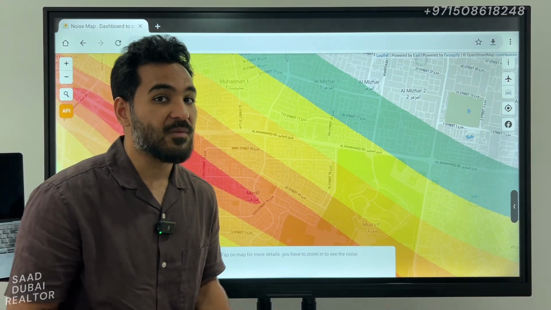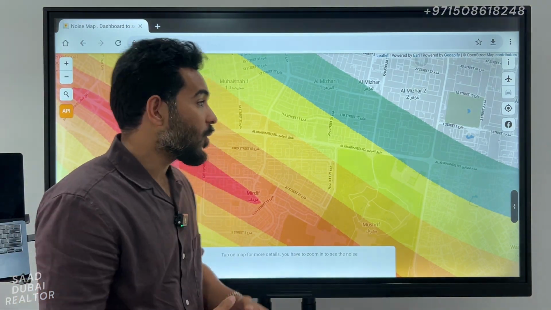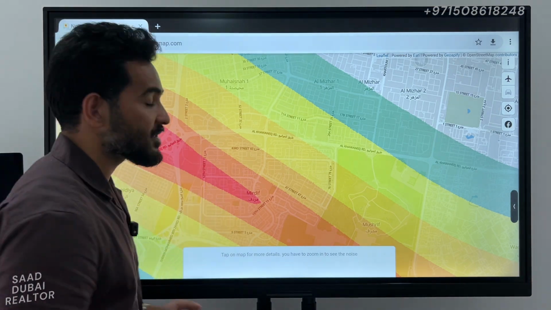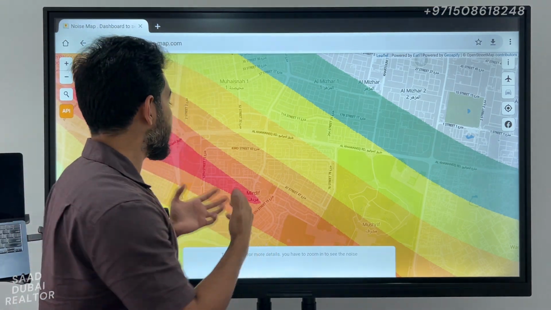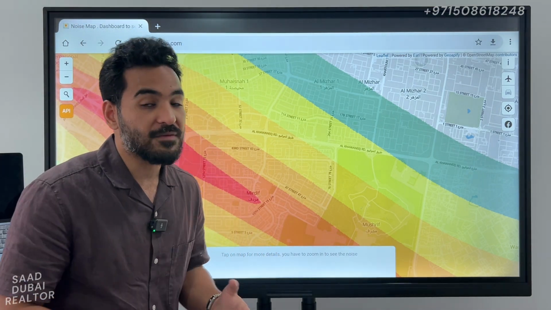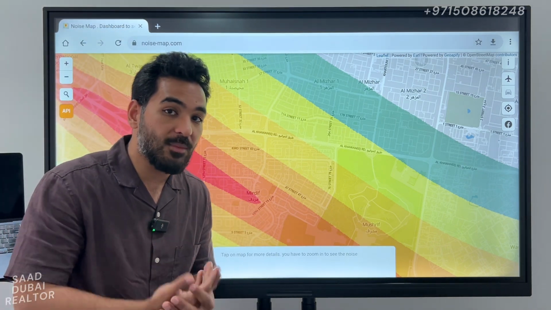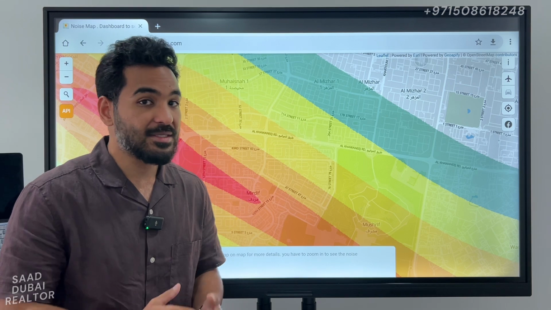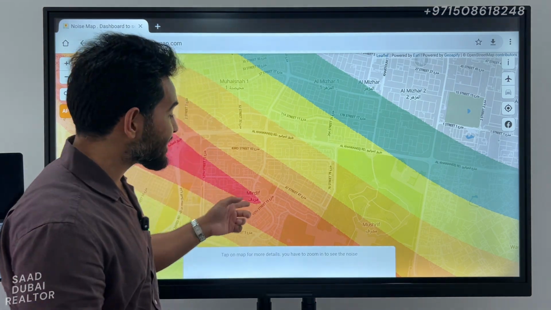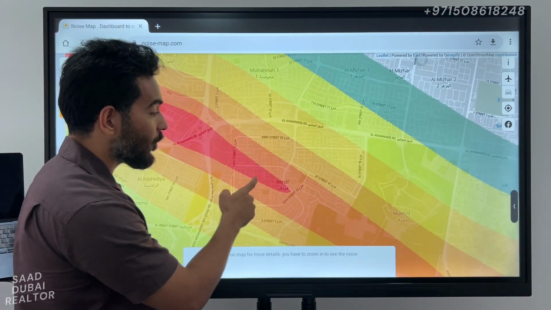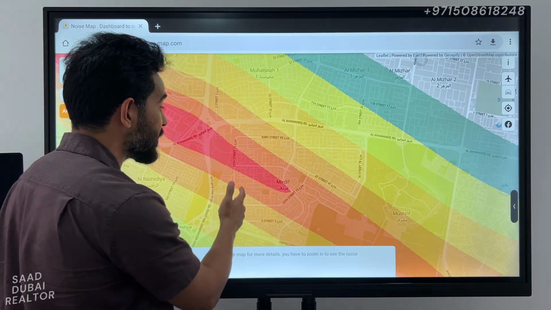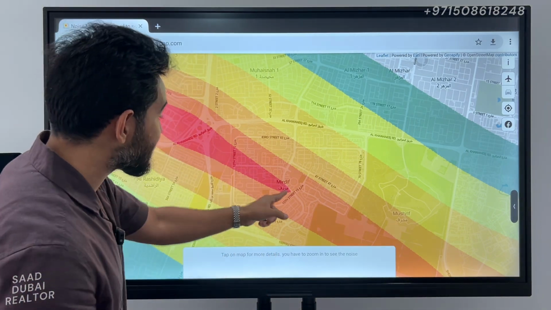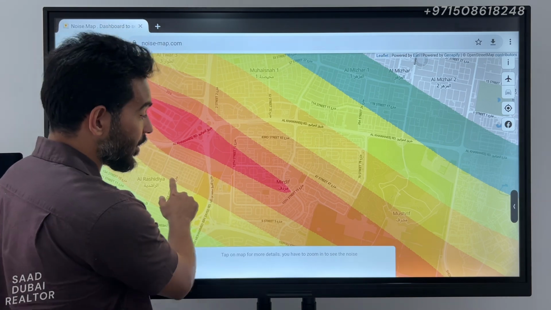A general complaint of the residents of Mirdif is that there's a lot of sound, with constant aircraft landing and taking off on the flight path. Plus, Dubai Airport is one of the busiest airports in the world, so there are constant flights passing by and there's not going to be any break. This area has a huge complaint for noise pollution due to aircraft landing and taking off from right here. So Mirdif is a red zone, and you can see that in this very graph.